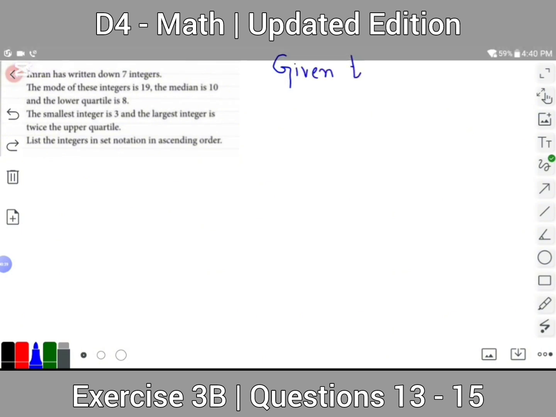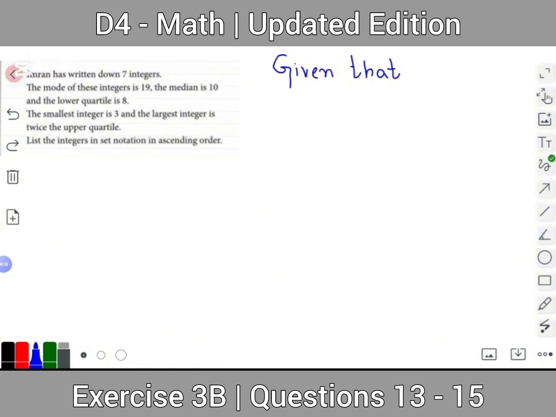It is given that there are 7 integers, and we have to arrange them in ascending order.